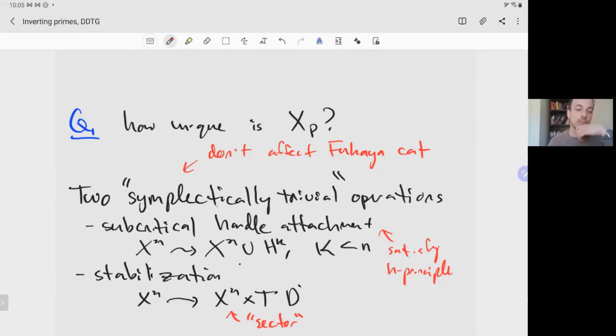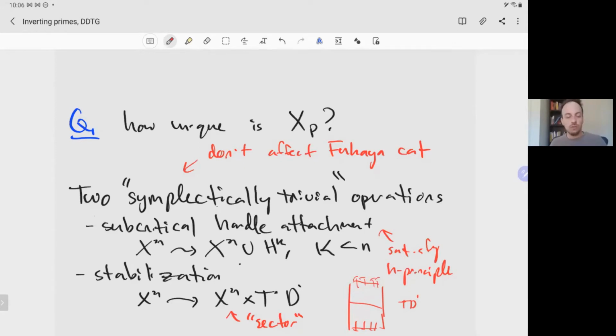There's also another operation which I haven't discussed yet, which is stabilization, which takes a domain X to the domain X cross T*D^1. And this is no longer just a Weinstein domain, it's what's called a Weinstein sector. It basically has two boundary components, using the fact that this T*D^n has a boundary at infinity, and T*D^1 has a boundary corresponding to the boundary of D^1.